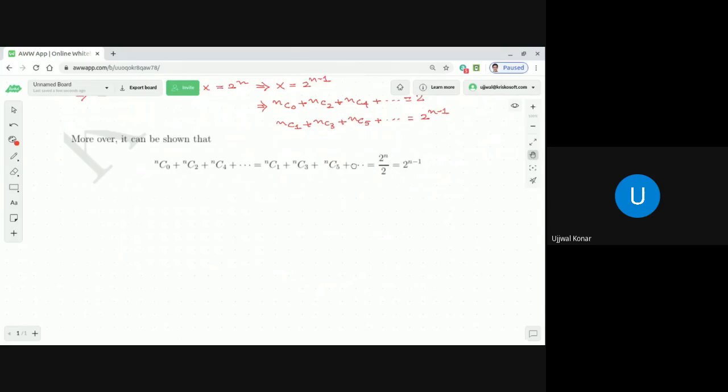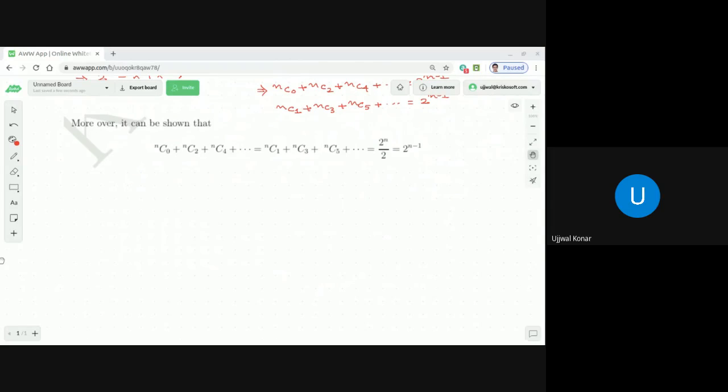Now the another point what I would like to discuss, dear students, is that for n greater than 1, you know that nC1 minus 2 into nC2 plus 3 into nC3, so that you can establish later by your own.